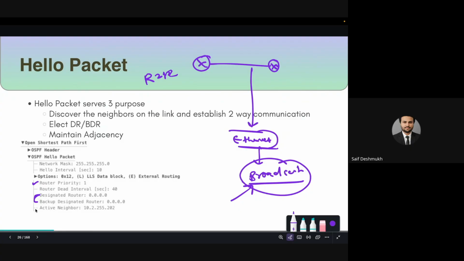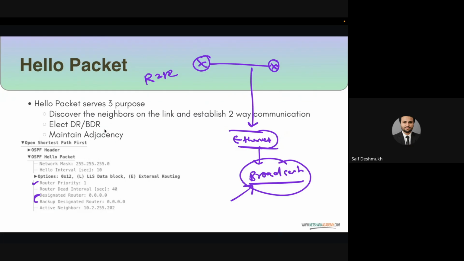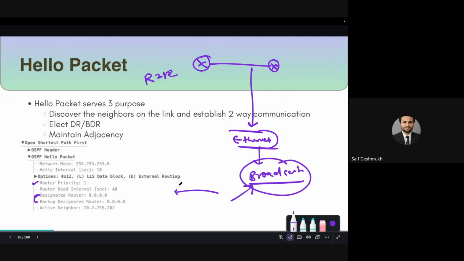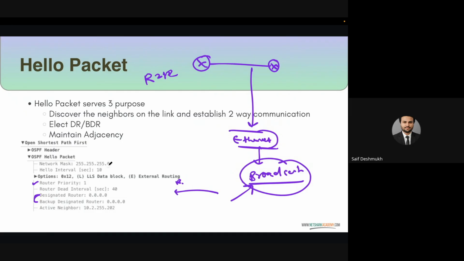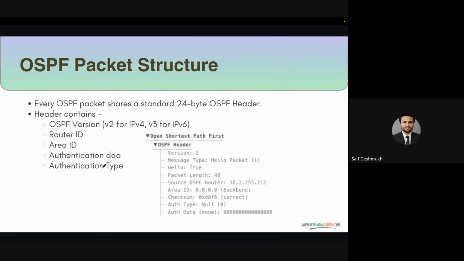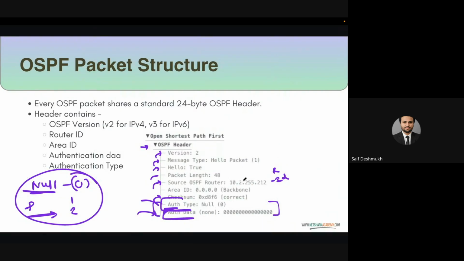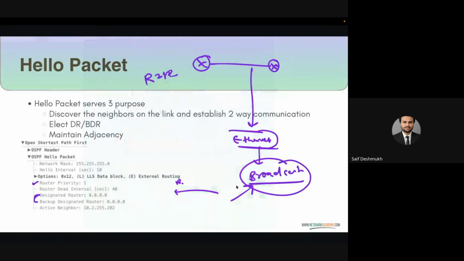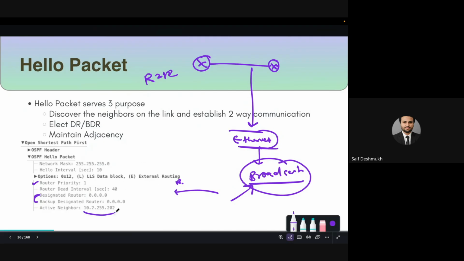But here on this link, I can say this is not a first hello. How? It's basically saying somebody already sent a hello. The receiving router has noticed its router ID, because we know that router ID is part of the header. So the receiving router has taken notice that so and so router has sent me a hello packet.